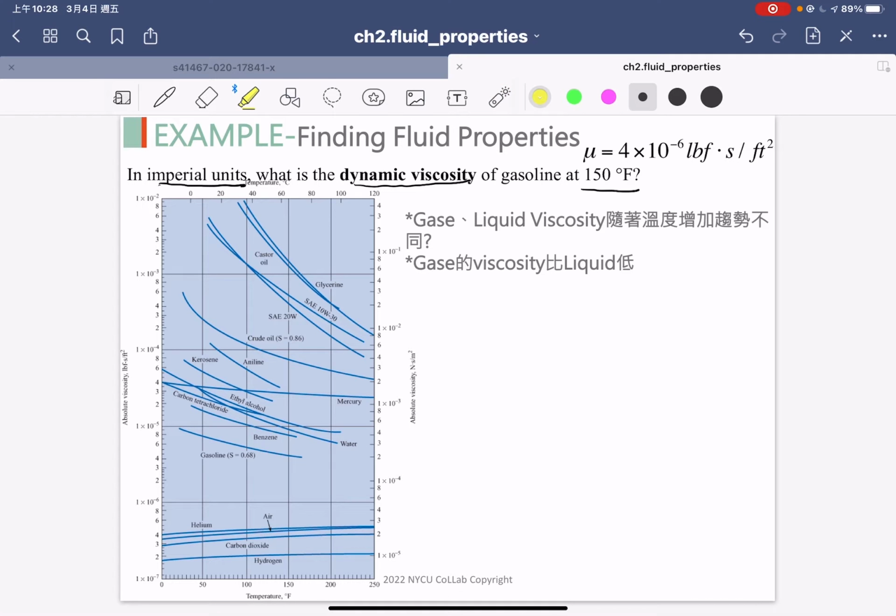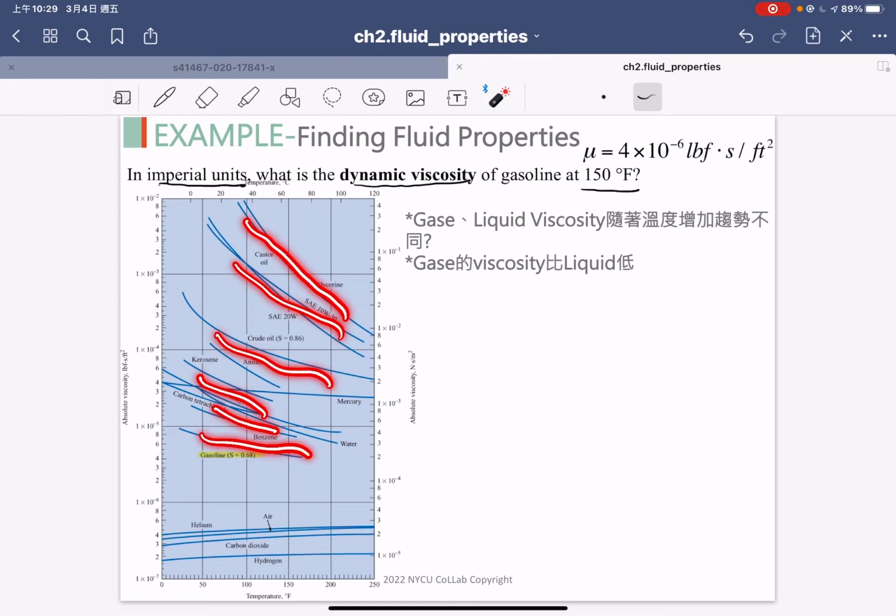But you need to find out where the gasoline line is. So this is for the gasoline. This line is for the gasoline in here. And for the upper lines, as I mentioned, you can see the trend is decreasing when the temperature increases, right?